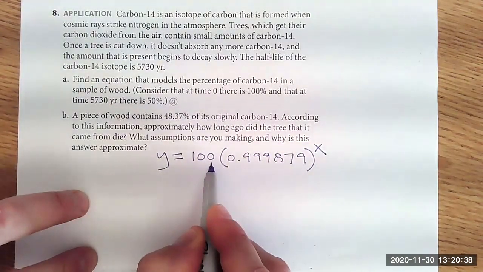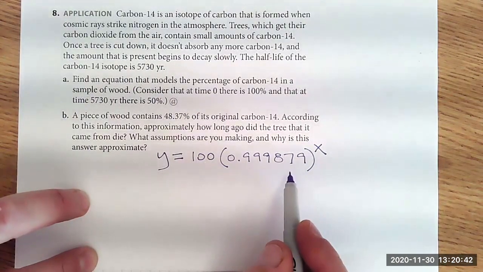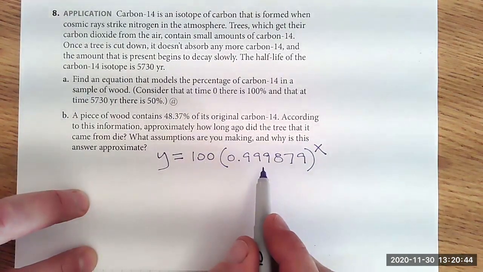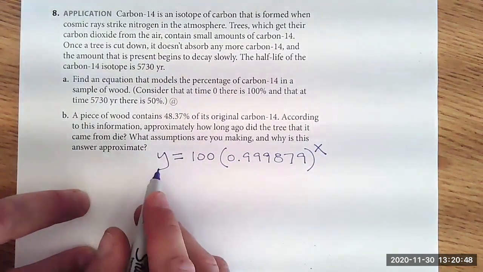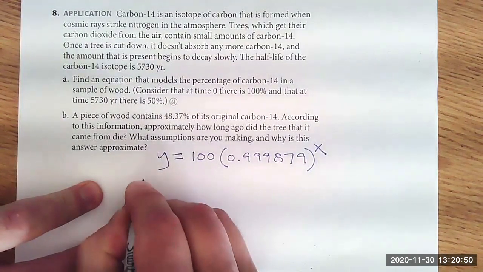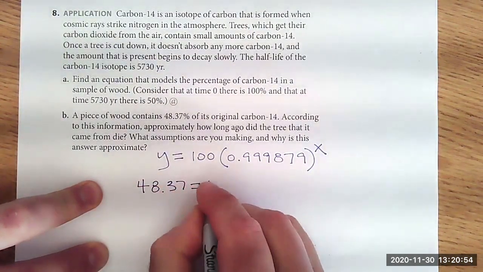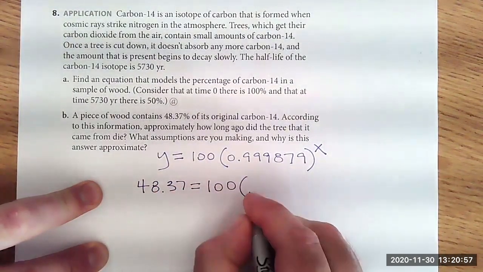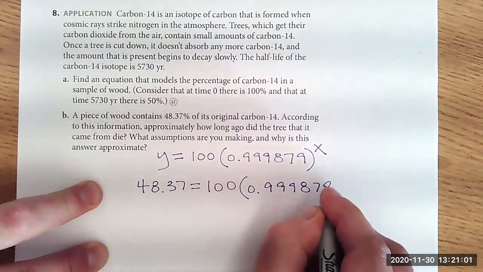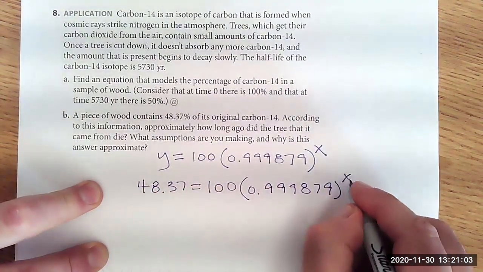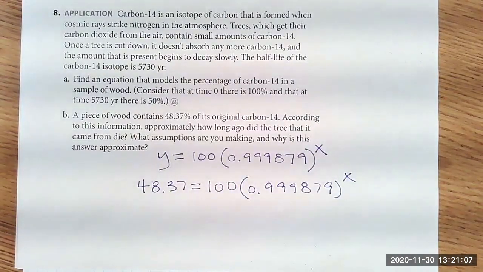With 100% multiplied by this amount, so decaying over time, there's t time, or x time. Y is my 48.37%, equals 100 times that value, and x is going to be the number of years.